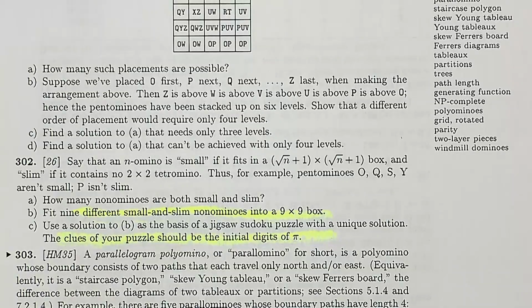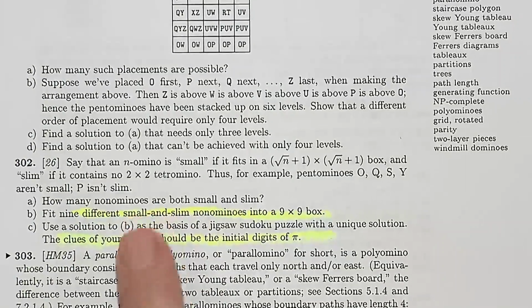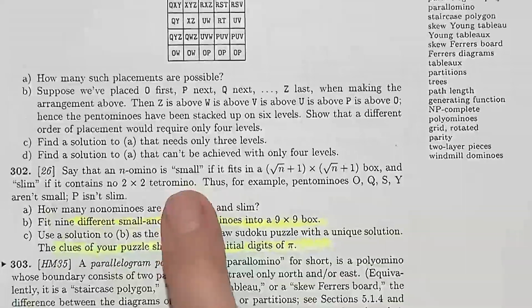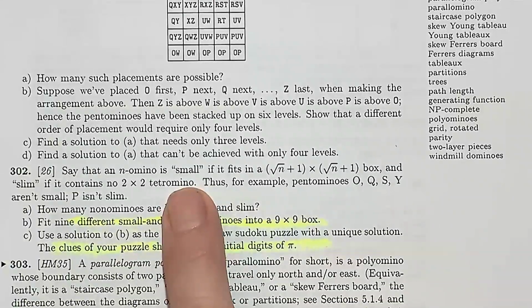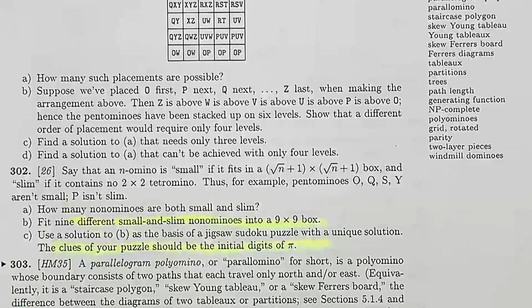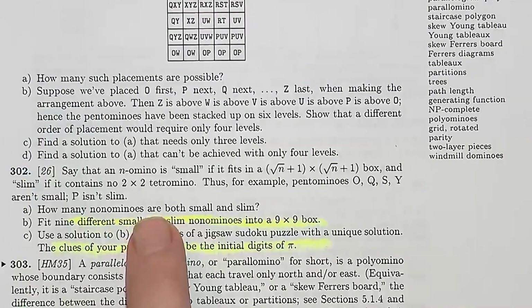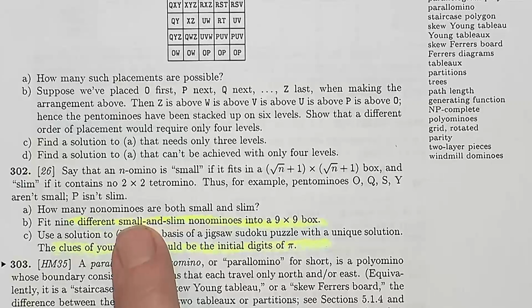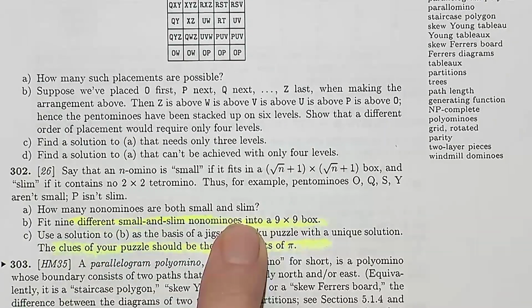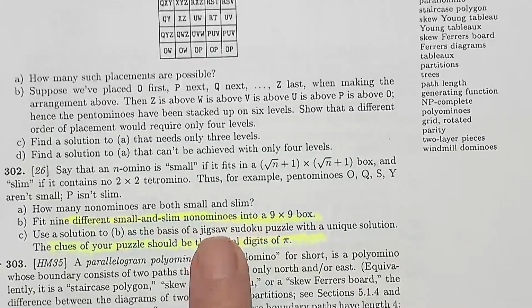If you study nonominoes, you can say that one is small if it fits into a compact square, and it's slim if it doesn't have any 2x2 fat inside of it.